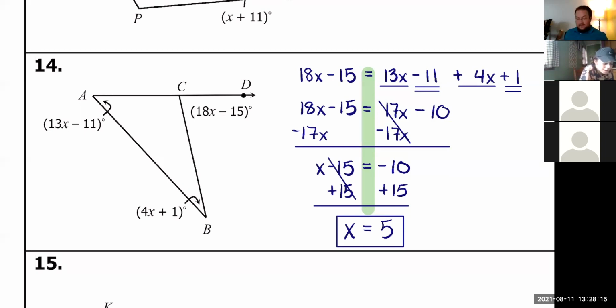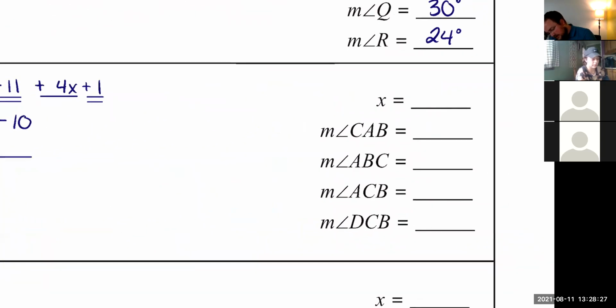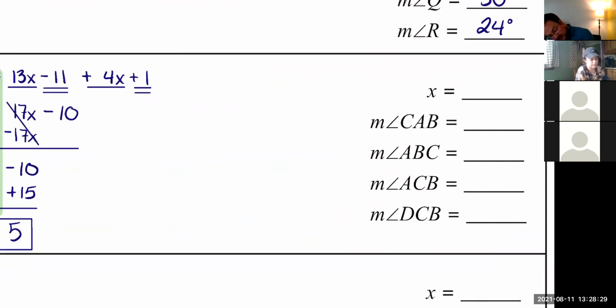Just like before, though, once you find that x, it's going to help you find some of those other measurements here. One of them is going to require a little bit more of a thought process we'll talk about in just a moment. So let me come over here to my answers. We just said x is 5. And from the diagram, we had an expression for angle CAB that was 13x minus 11. 13 times 5 is 65, I believe.